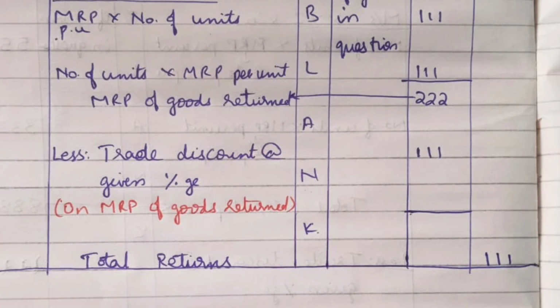Now if the same product has been returned and they say nothing other than return goods 1000, please do not do discount. Only if they say return goods 1000 less trade discount, then and only then you will have to do the discount. Then we'll arrive at the total returns, which we will mention in the amount column.